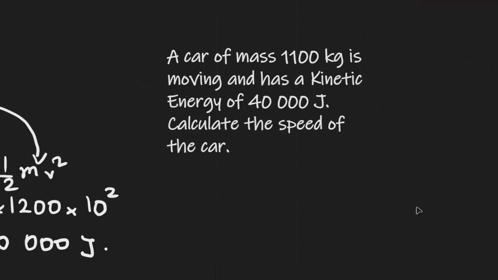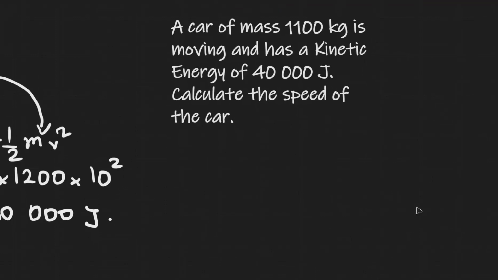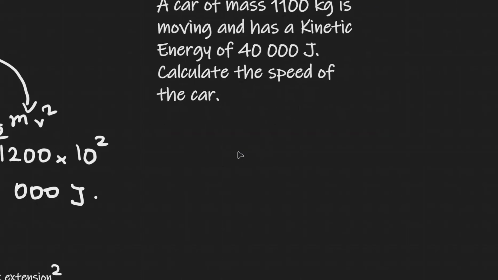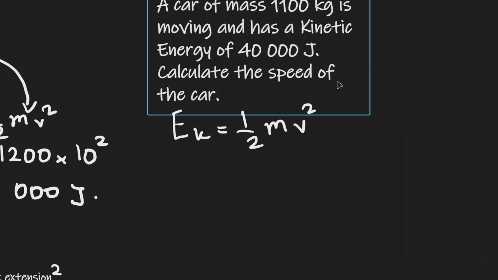Let's do a slightly trickier example of kinetic energy. So we have a car of mass 1100 kg moving, and it has a kinetic energy of 40,000 joules. Calculate the speed of the car. Okay, so let's start off with our equation for kinetic energy. It's a good starting point, so that's equal to a half times the mass times v squared. Because we're looking for the speed, we are going to progressively rearrange for v squared.